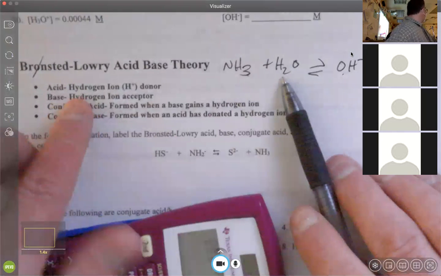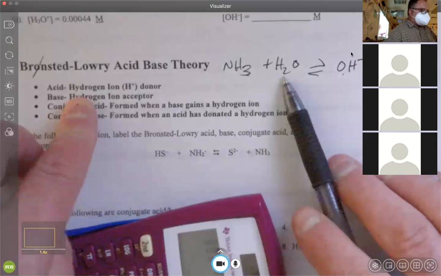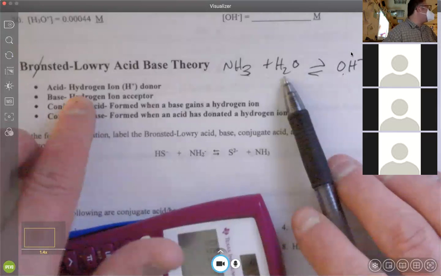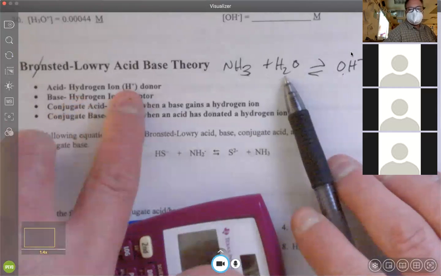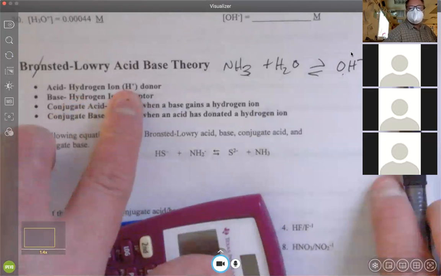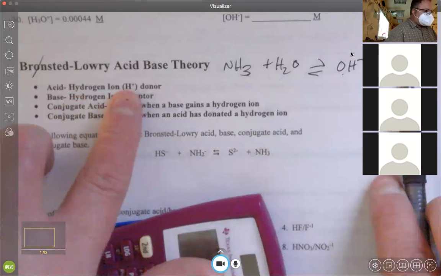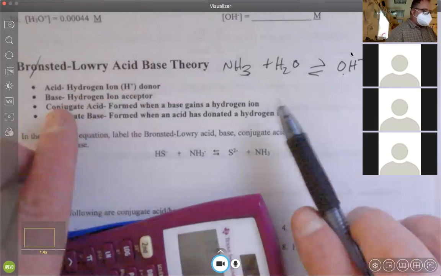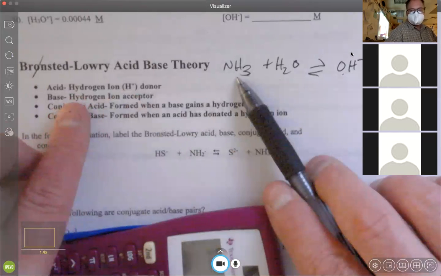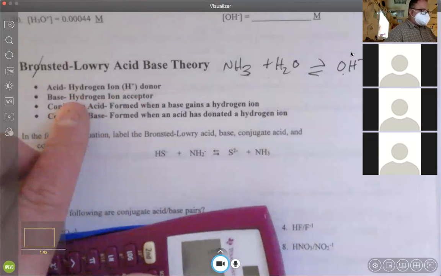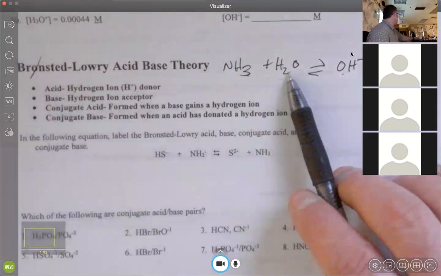So an acid like H2O here, we don't consider H2O an acid, it's neutral in our mind, but in this case, it is adding a hydrogen to something. So it is what we call a hydrogen ion donor. It gives the hydrogen to the ammonia. And the base is known as the hydrogen ion acceptor. The NH3 is gaining the hydrogen. Now, if you lose a hydrogen, you're also losing a positive charge.